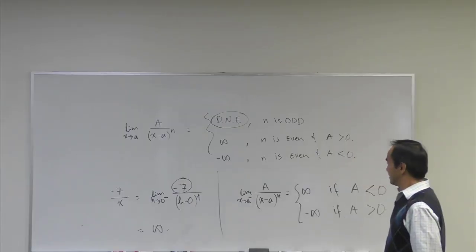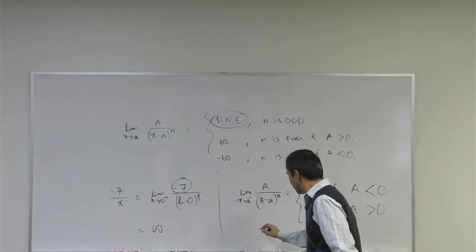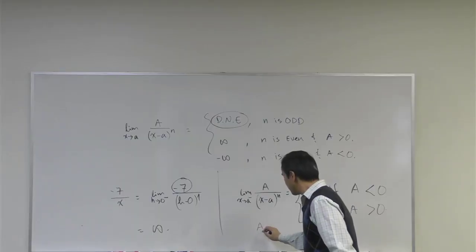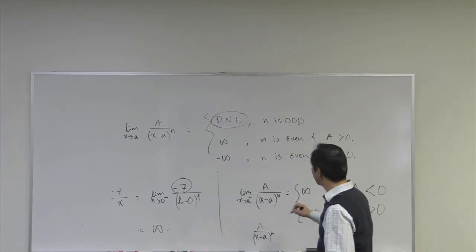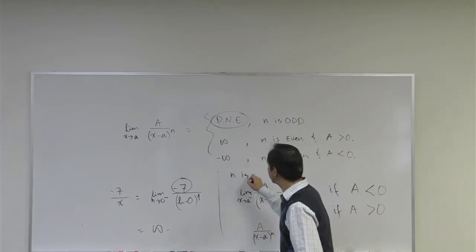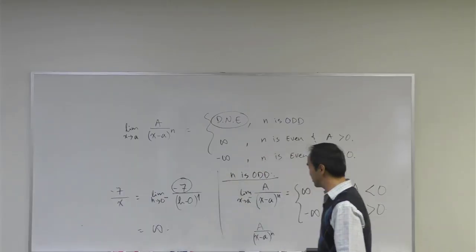Okay. And since I got into that, from now on we can keep this as one general rule: the coefficient over x minus a to the n power, and we're still talking about n being odd, specifically here.